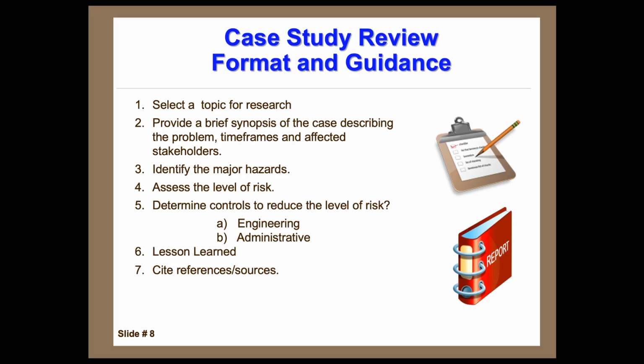You have to identify the major hazards, assess the level of risk, and determine controls to reduce the level of risk with respect to engineering and with respect to administrative. State the lessons learned with the help of this case study. You have to include all these things, and give references and resources of the data you have taken from different books and websites, etc.